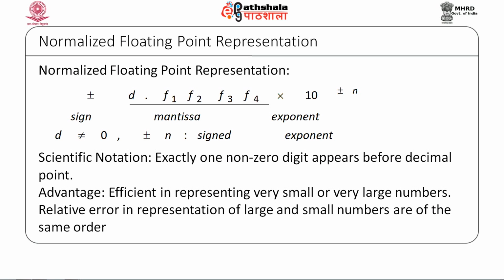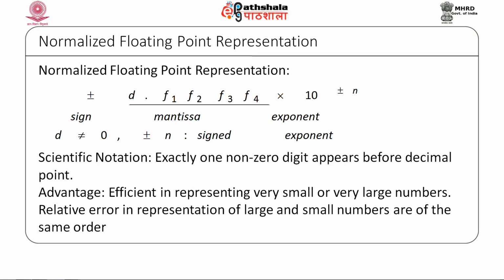In the case of normalization, for base 10 it would be of this form: plus or minus, one box for the sign, then only one digit D, point, and then you have the mantissa, that is F1, F2, F3, F4, and then 10 raised to a power.